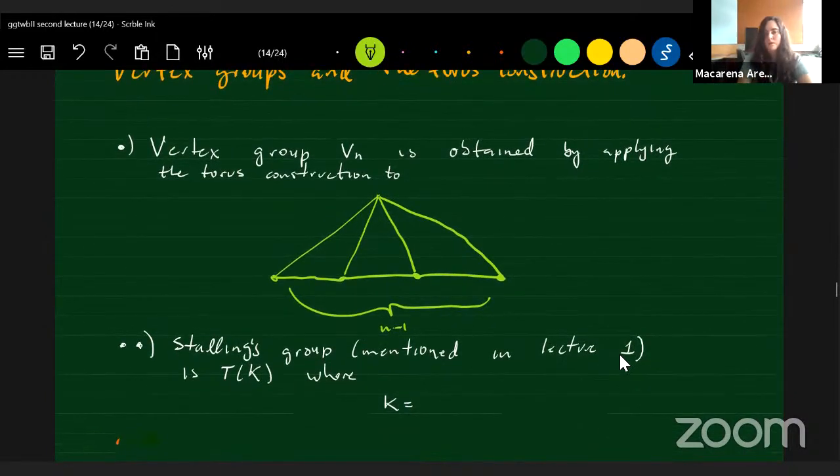So this is a little bit of a comment on the side, but we mentioned yesterday Stallings' group, which has a quadratic Dehn function. And it can be viewed as the group obtained from a Torus construction. And in this case it is by applying the Torus construction to the two-skeleton of an octahedron.